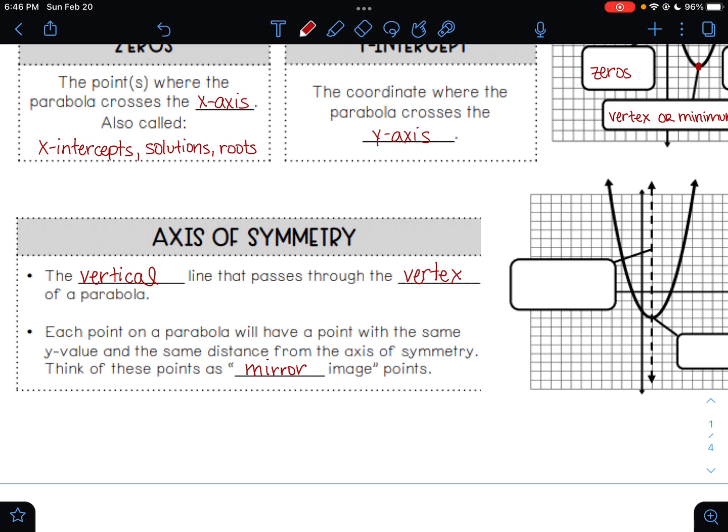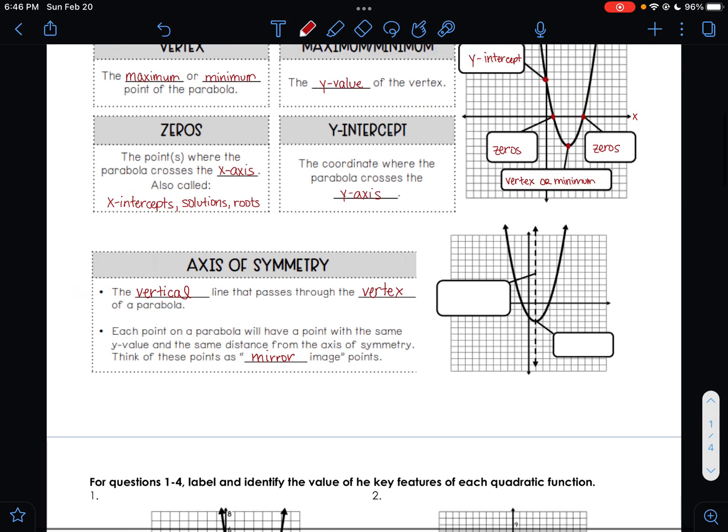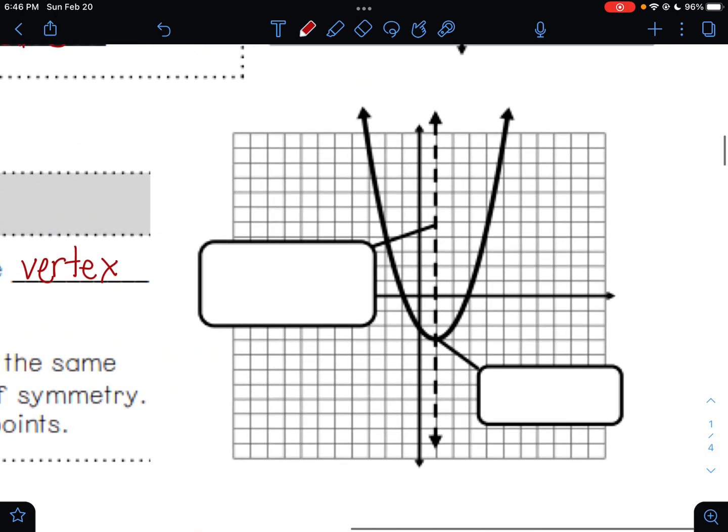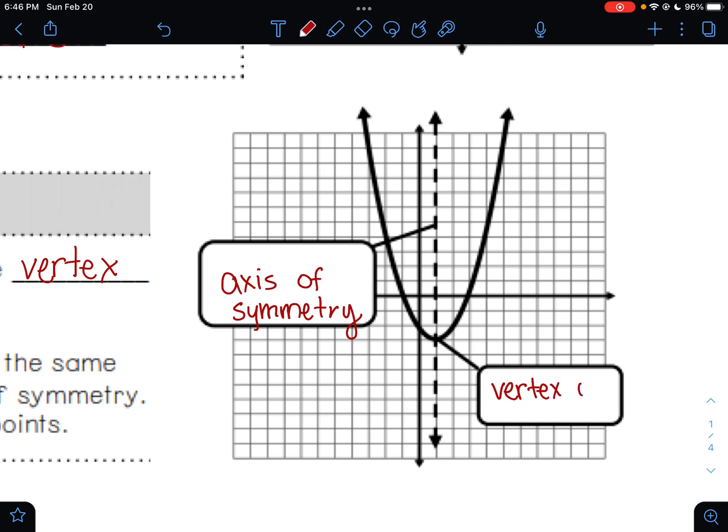So this allows us to mirror and reflect points over to get more points, because we need at least 3 points to graph a quadratic function. Looking here, this dashed line is known as the axis of symmetry. And this point down here, again, is our vertex or minimum.